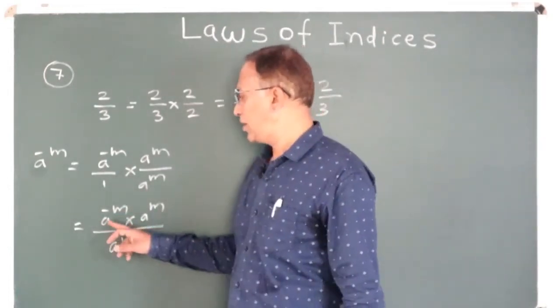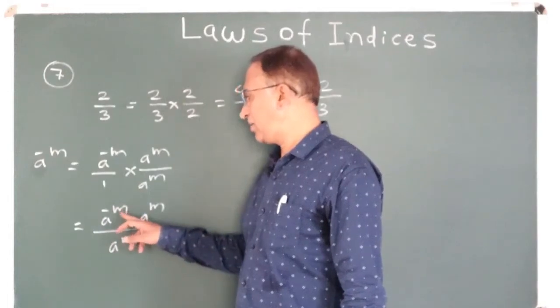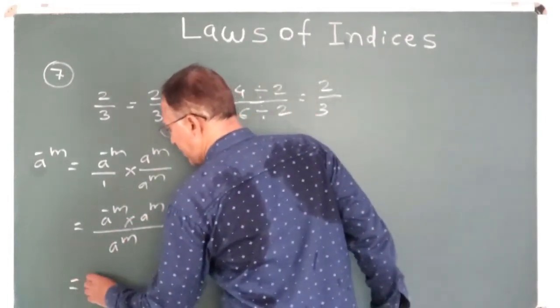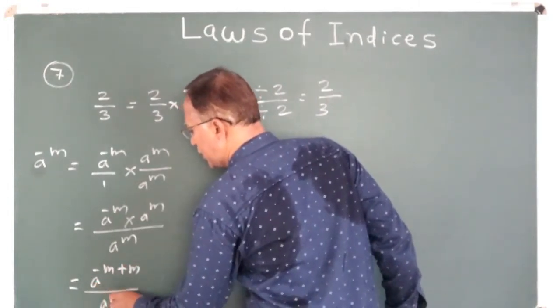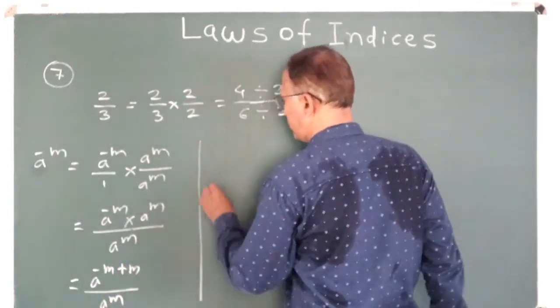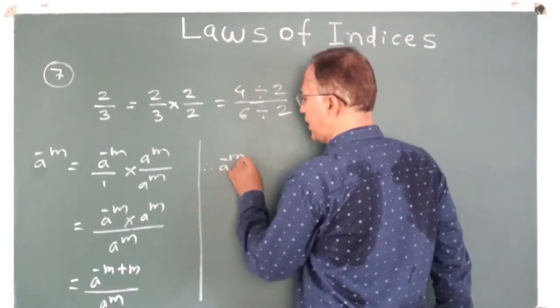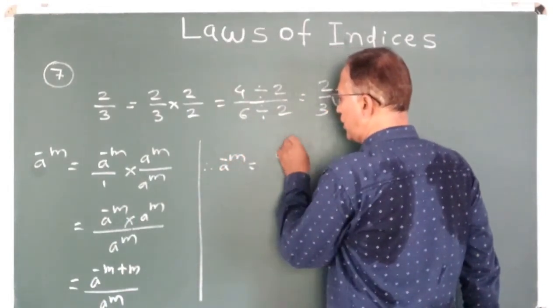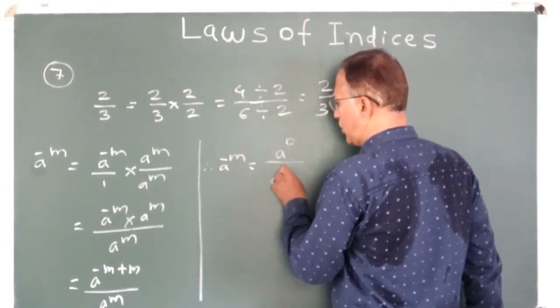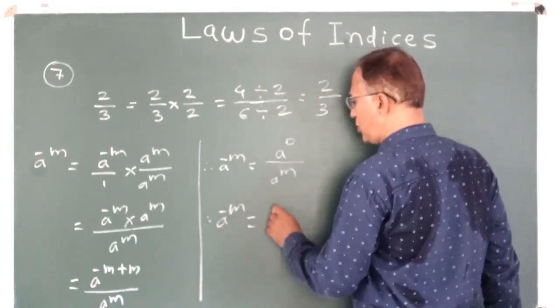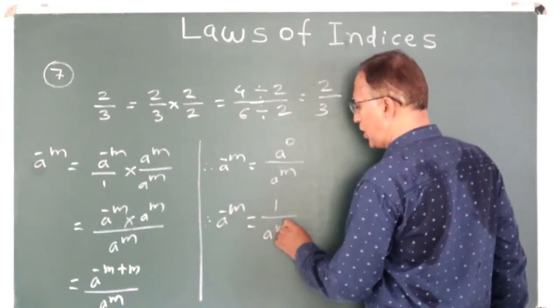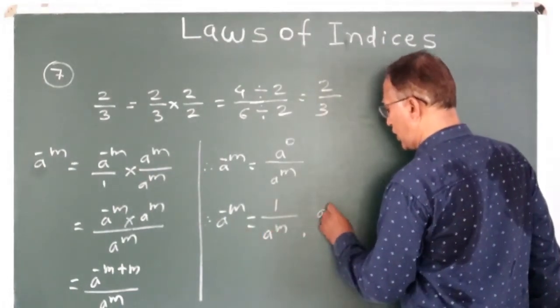Now in numerator, bases are same and we multiply them, then we add their indices, a^(-m+m) divided by a^m, and therefore a^(-m) is equal to a^0 upon a^m, which means 1 upon a^m, where a is not equal to 0.